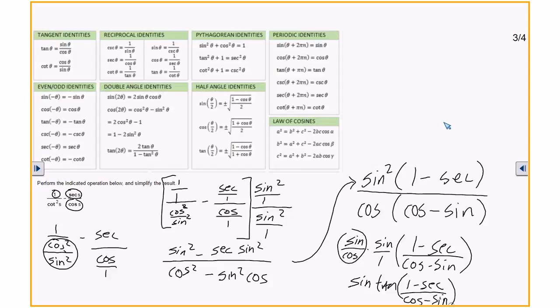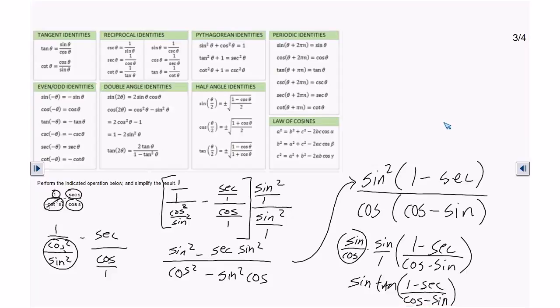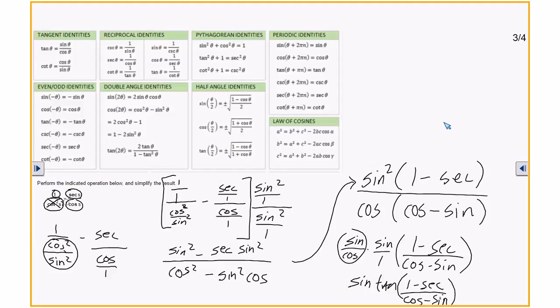Let's see. First of all, we changed this cotangent right here, didn't we? Okay, so let's not change that. Let's go over here and change that secant. And make the common denominator, is that cotangent or cosine? That's cotangent, right? The cosine can be written as 1 over the secant. The cotangent can be written as 1 over the tangent. And it also can be written as cosecant squared minus 1.